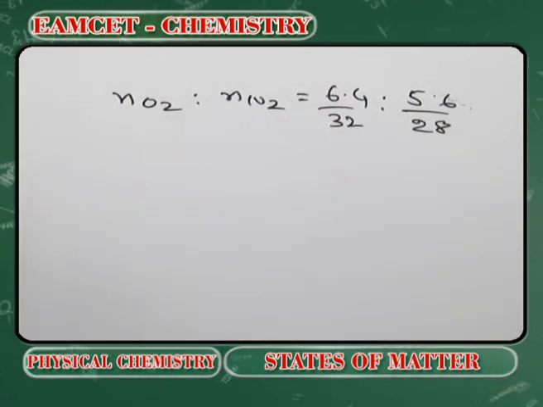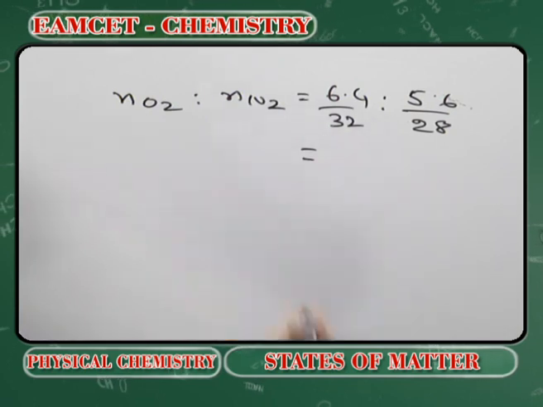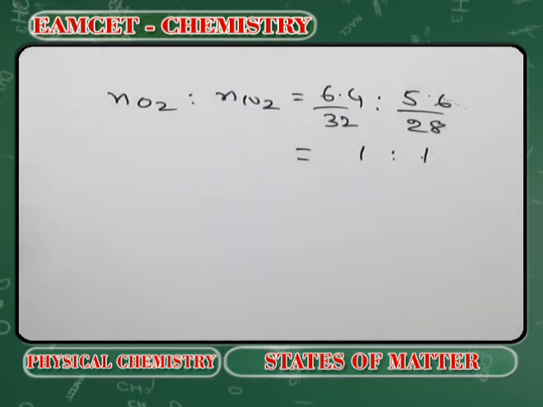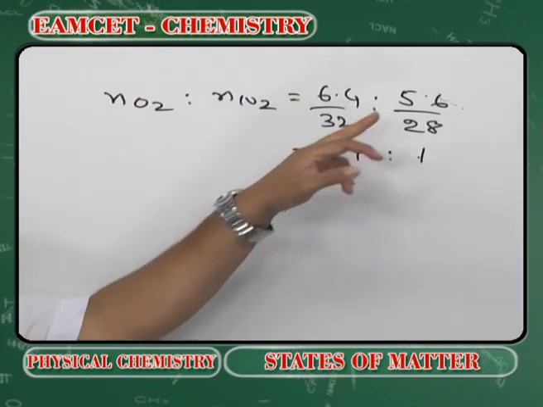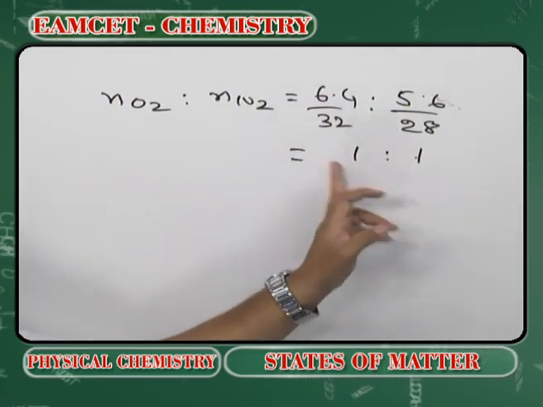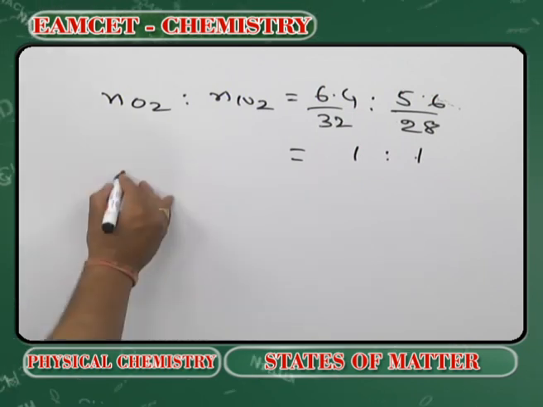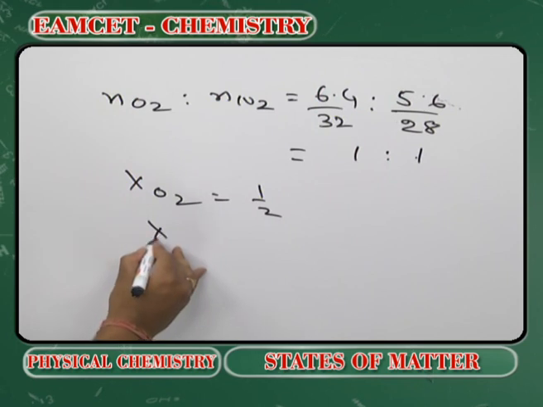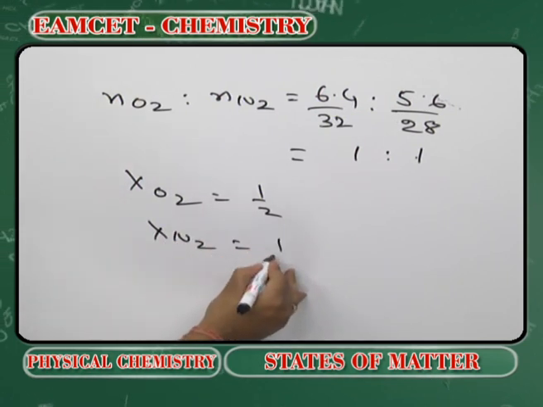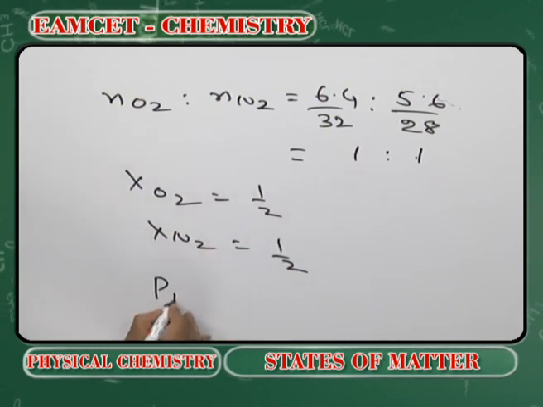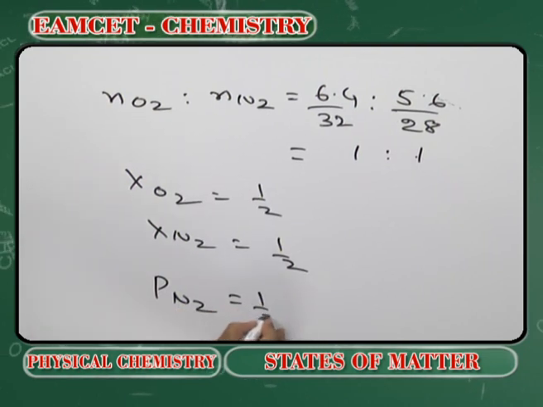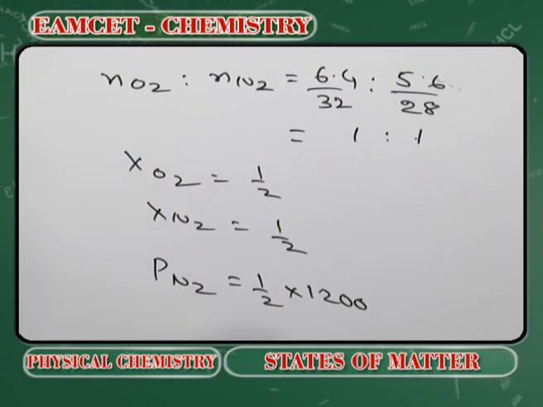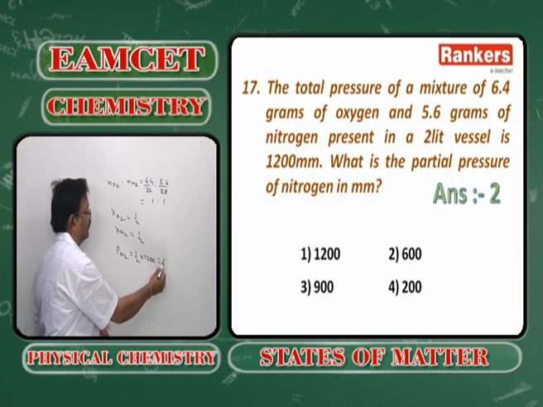So the mole ratio will be equal to 1:1. Therefore, the mole fraction of oxygen is 1 by 2 and the mole fraction of nitrogen is 1 by 2. Partial pressure of the nitrogen is equal to 1 by 2 into 1200 total pressure, that is equal to 600 mm.